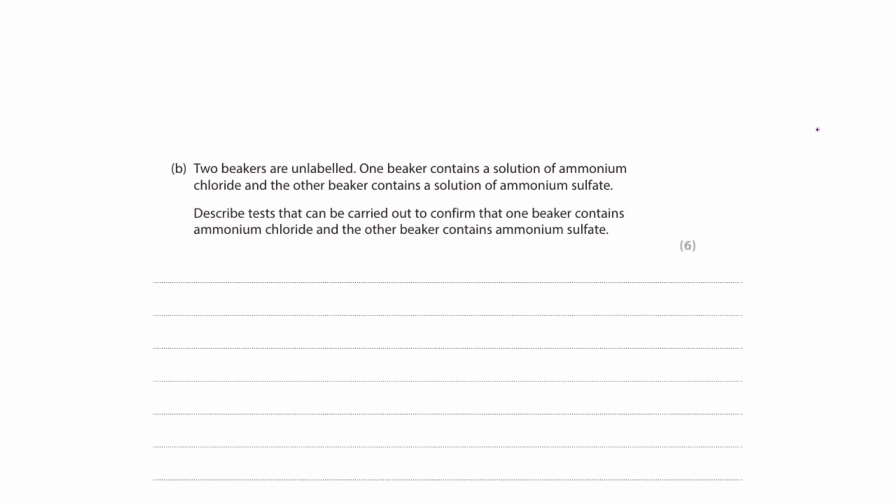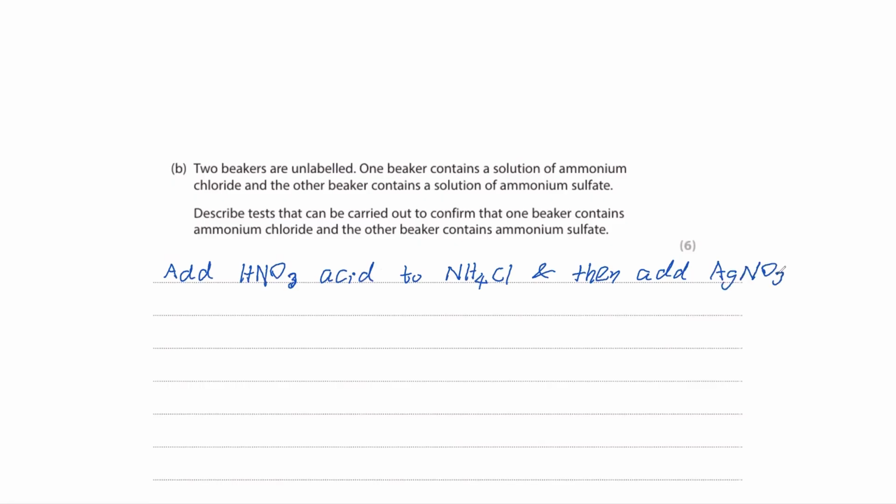First test: add nitric acid to ammonium chloride and then add silver nitrate aqueous solution.